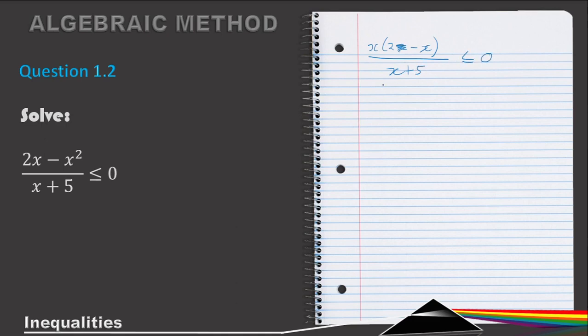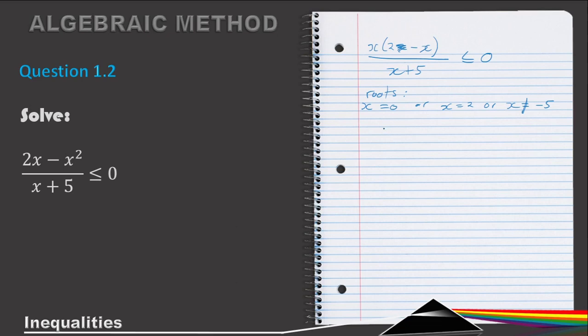Right, and then our roots will be where x is equal to 0, or where if I take the 2 over, it becomes a negative, divide both sides by negative, x is equal to 2, or where x is equal to minus 5. Now just pay attention, once again, this is in the denominator, which cannot be equal to 0, so x can never be equal to minus 5, because remember, if you substitute in the root into the factor, minus 5 plus 5 gives you 0.